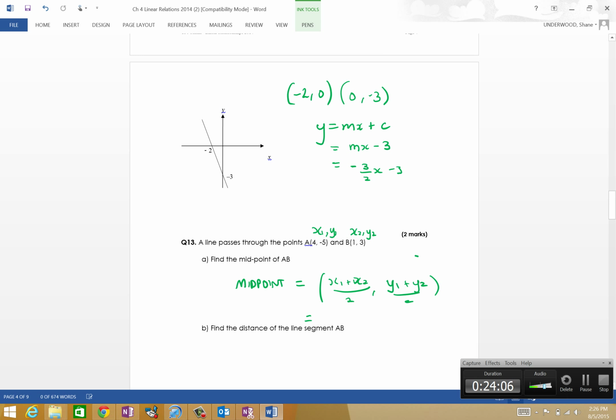Now, 4 plus 1 is 5. 5 over 2, I'm just going to leave that as 5 over 2. But yes, you're right, you could have it as a decimal, 2.5. And minus 5 plus 3 is negative 2. And we're dividing by 2, so it's negative 1. That's our answer to our midpoint.